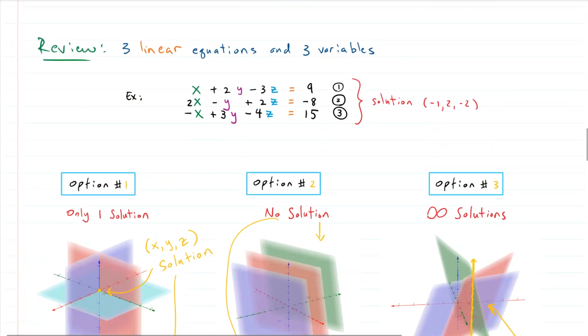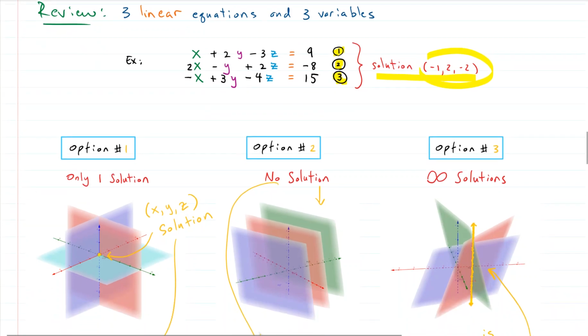If we moved into three variables, here we have a system, meaning a group of equations, and we've got three variables, x, y, and z, and we have three equations also. This specific system touches at one point, and it touches at -1, 2, and -2 for your x, y, and z coordinate.